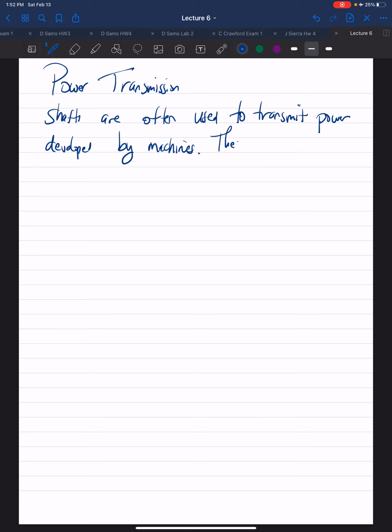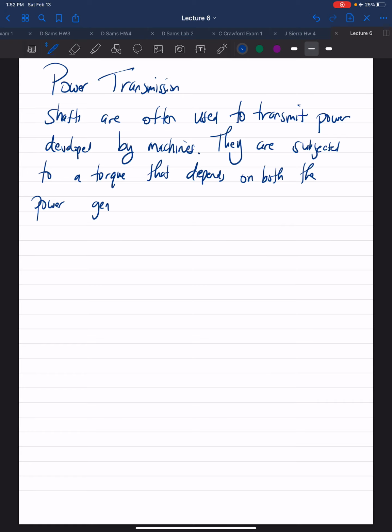Therefore, they are subjected to torque that depends on both the power generated and the angular speed of the shaft.